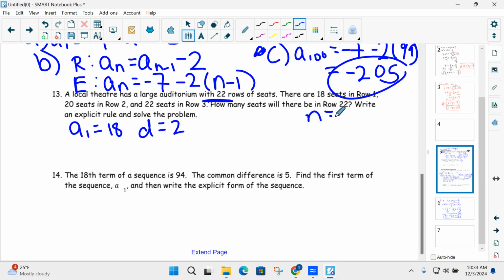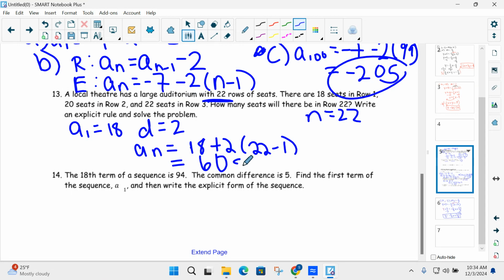So n equals 22 is what they want you to find. So let's set up an equation for an arithmetic sequence: 18 plus 2 times n minus 1, or 22 minus 1. If you type that into your calculator, you would get 60 seats. So make sure we put a label, 60 seats.